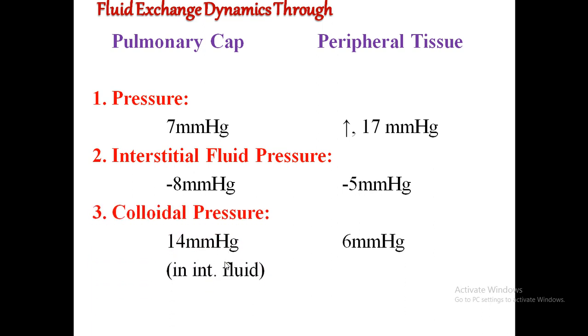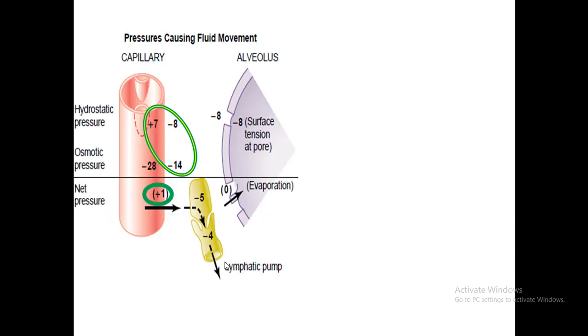Regarding the colloidal pressure, it is 14 mm Hg in the interstitial fluid of the lungs, while in the peripheral tissues it is just 6 mm Hg. And you must also consider the thin alveolar walls regarding fluid exchange in the pulmonary capillaries. These are very specific points which affect the exchange of gases and the fluid dynamics across the pulmonary capillaries.